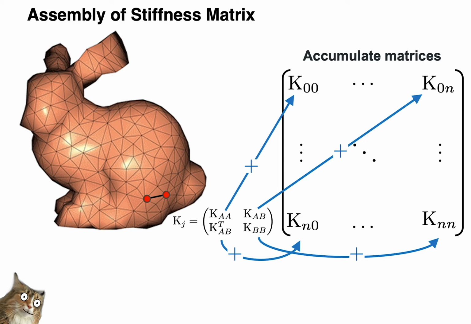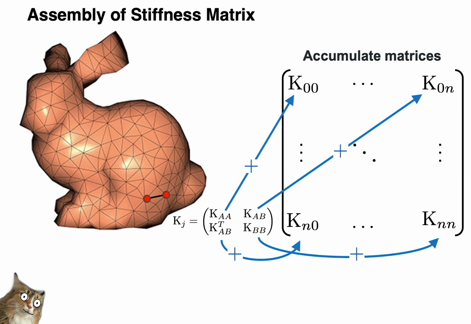In this case, the spring endpoints are vertex A, which corresponds to index 0 in our Q vector, and vertex B, which corresponds to the last index. We sum K sub AA into the upper left block of the global stiffness matrix, K sub BB into the lower right block, and K sub AB and K sub AB transpose into the 0n and n0 blocks respectively.